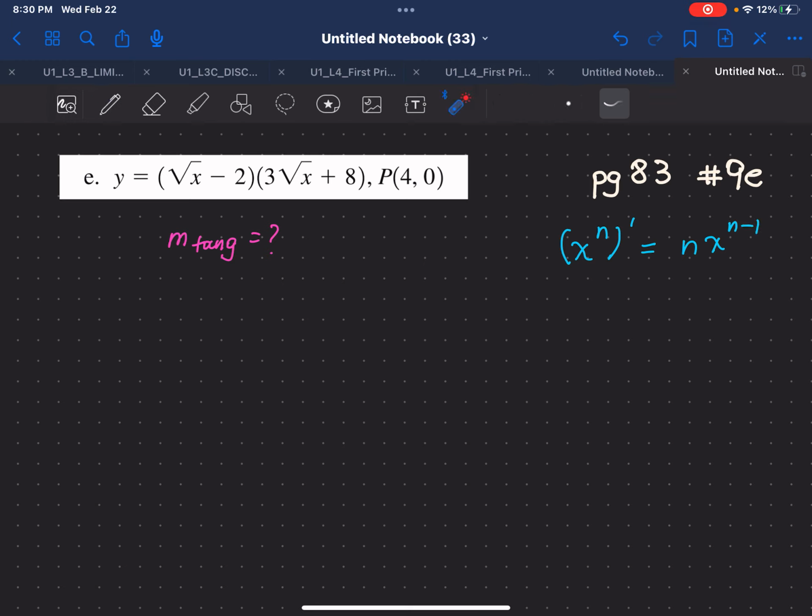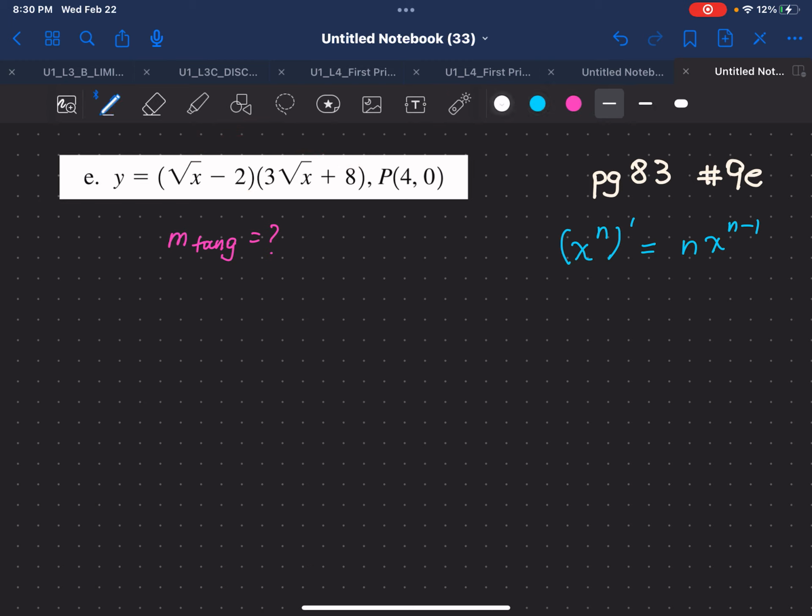So in order to use this rule, we will need to write this function in terms of these types of terms. So we have to write every term in the function in power form. In other words, we will need to expand and simplify and write every term here in power form.